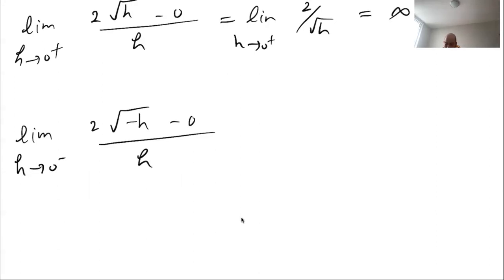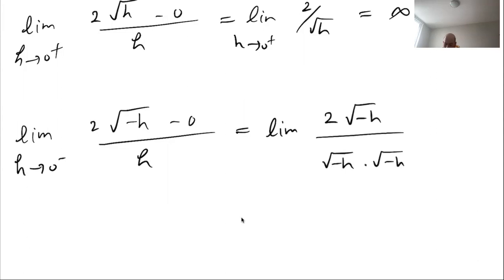Now we can write this one as, because h is negative here, it's a little bit tricky to handle this one. 2 root minus h, I can write this one as root minus h times root minus h, with 1 minus in front.